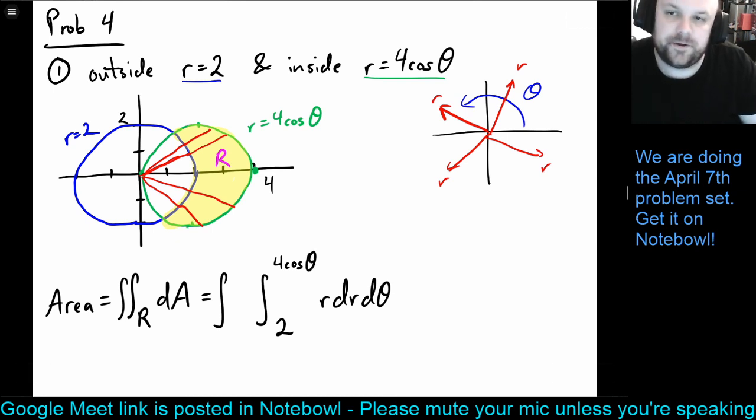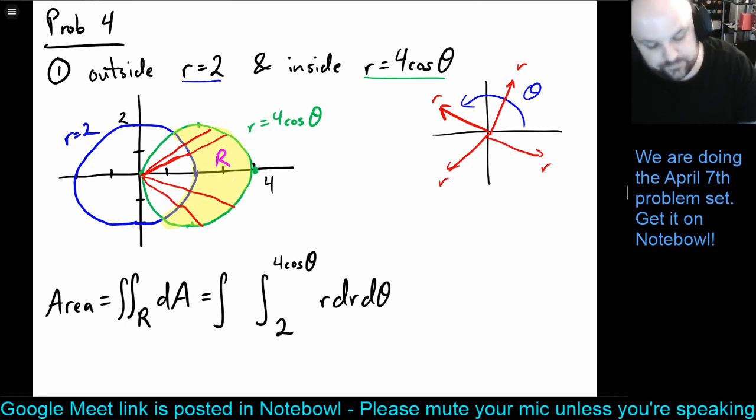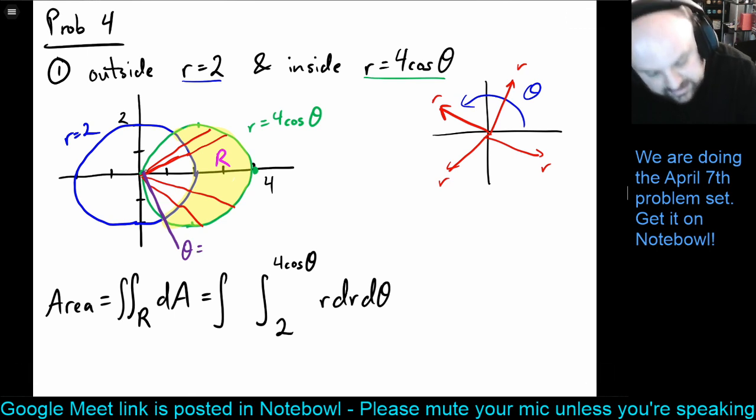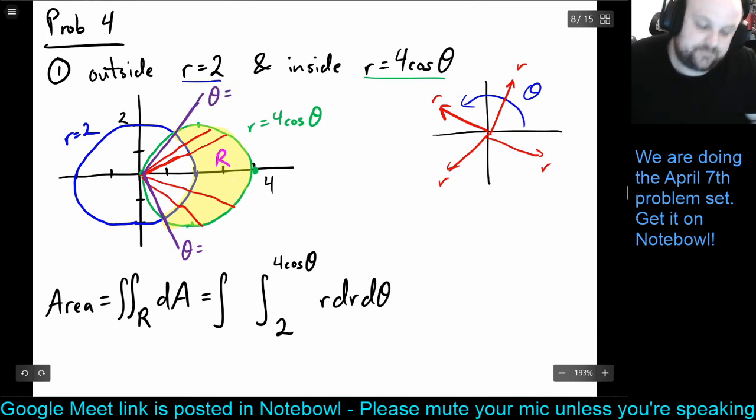Then the question becomes, what are the bounds on theta? This is usually the trickier part. So let's think of this shape moving in the counterclockwise direction. It sort of starts here at whatever theta value this is, where the blue and the green intersect, and it ends up here at whatever value these intersect at.